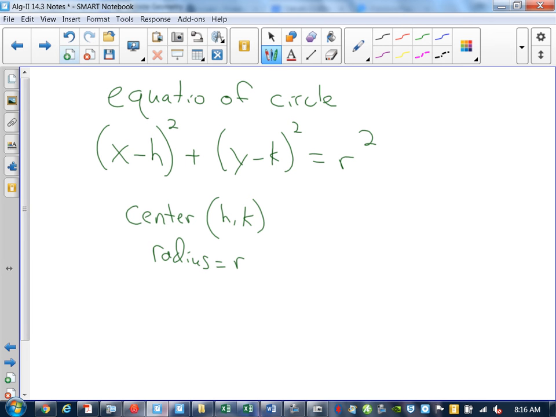If I have a center of a circle at -2, 4, and a radius of 6, it is quite literally substituted in. Because your ordered pairs go HK. What comes first in the alphabet, H or K? Right. And H goes horizontal, left and right, which is your X. And K goes vertical, up and down, which are your Y's.